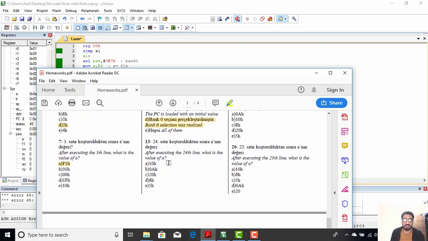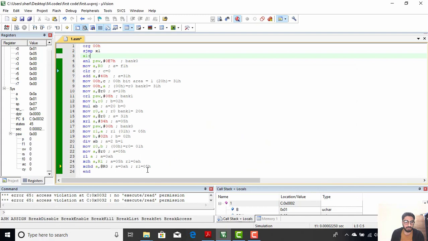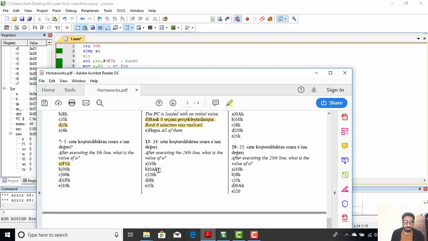Now after executing from line 25 to line 24, what is the value of A? At the 24th line, the value of A was 05x, as you can see here. The value of A is 5. Excellent.